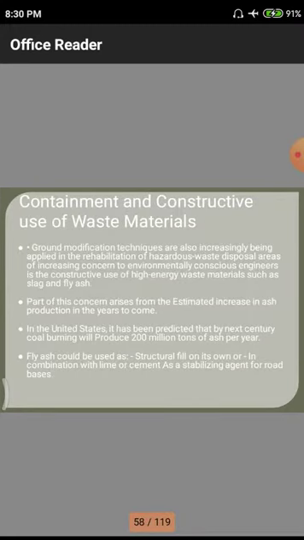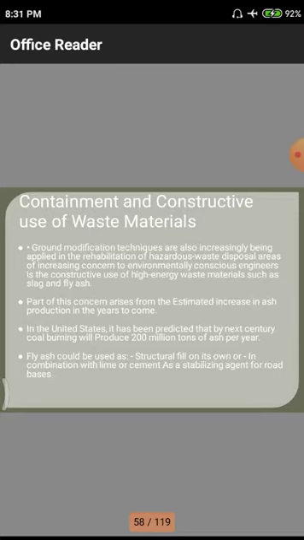Next one we are having is the containment and constructive use of waste material. That means we need to have some containment of waste materials and constructive use of this waste material. Whatever waste materials we are using, in industries we are having fly ash and GGBS and other different kinds of waste we are obtaining in our daily utilities, so that those wastes are used in filling purposes and some sort of binding materials.